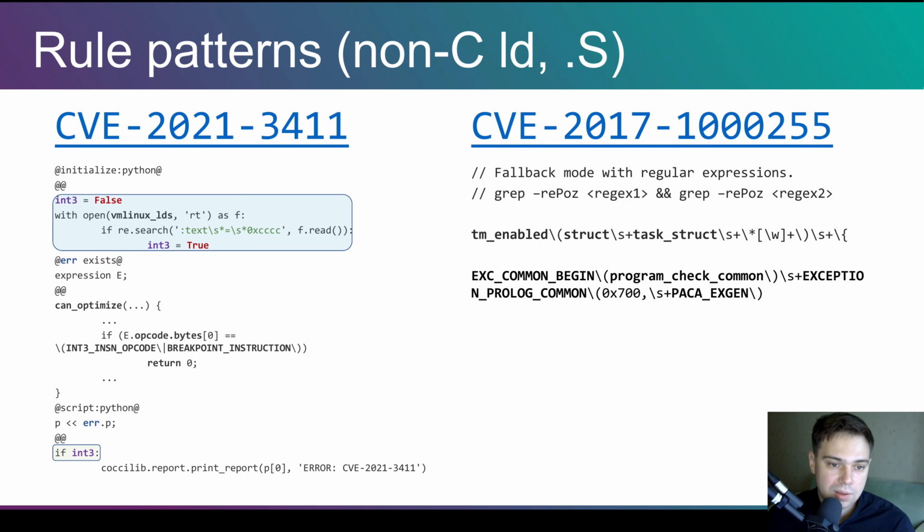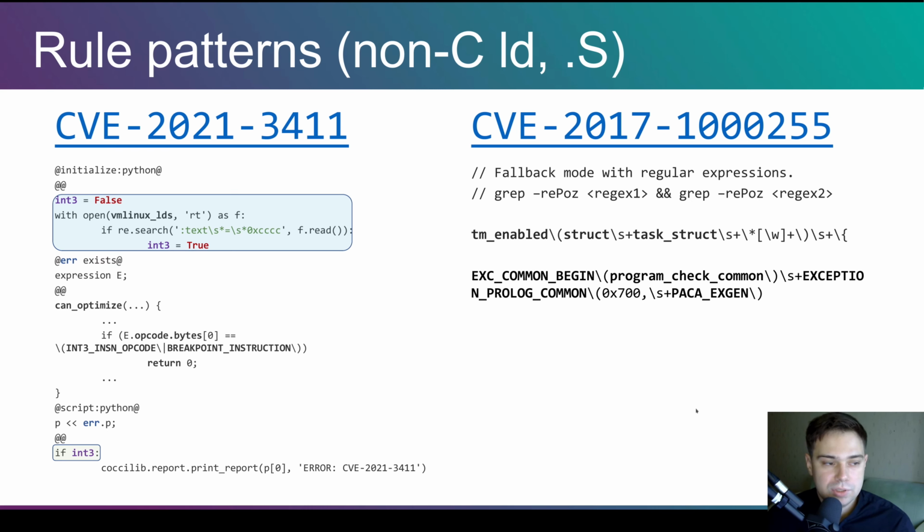In a Coccinelle rule, you can write Python code, and in this case, with an LD script, I check in Python that the LD script contains a special string with a regular expression, and I depend a pattern match on this check before reporting an error.